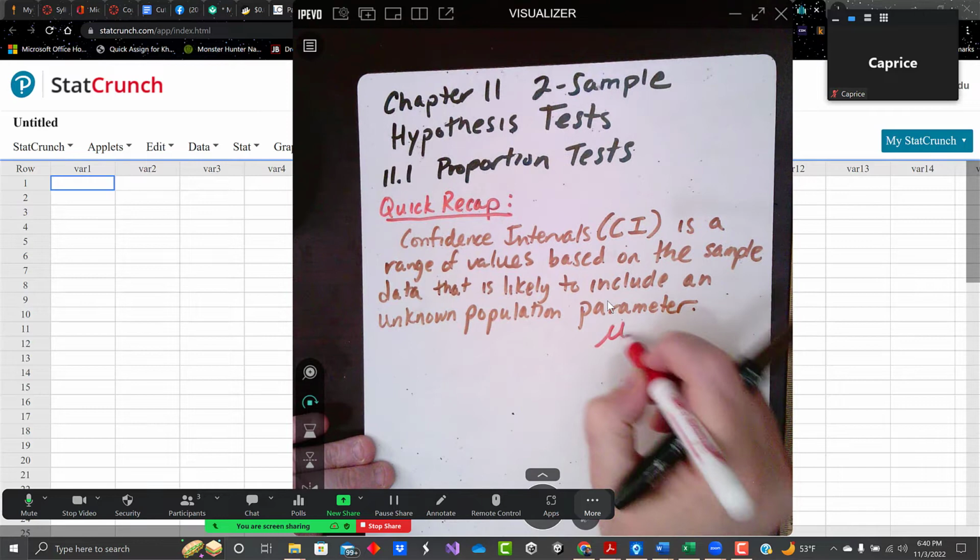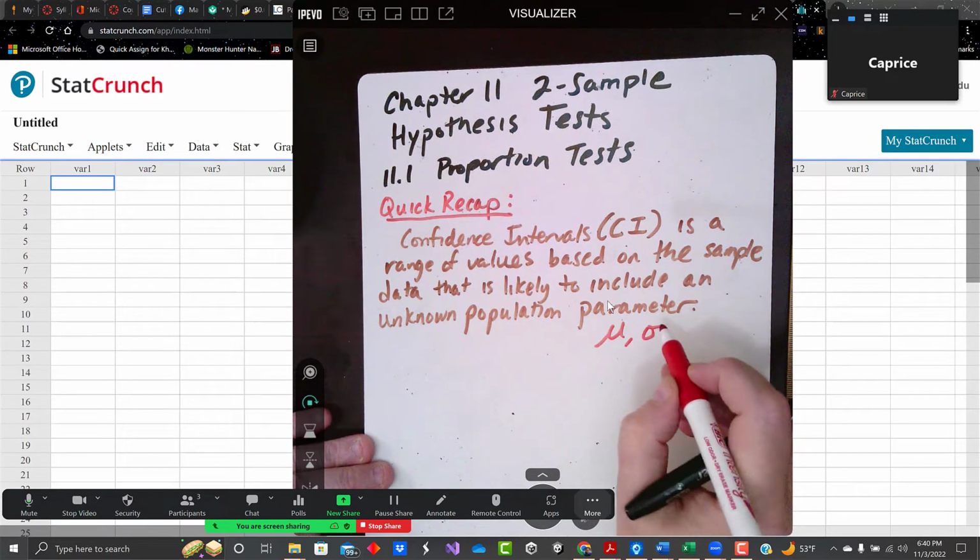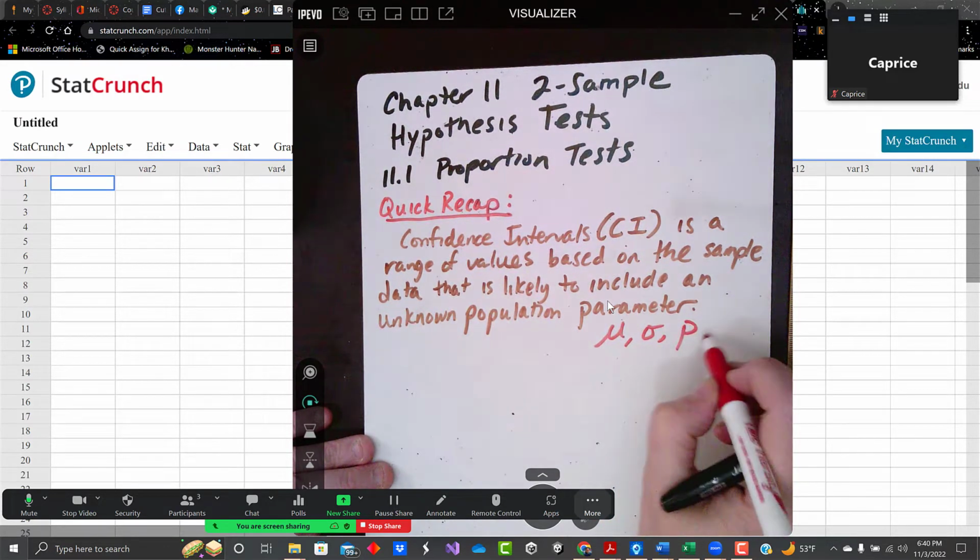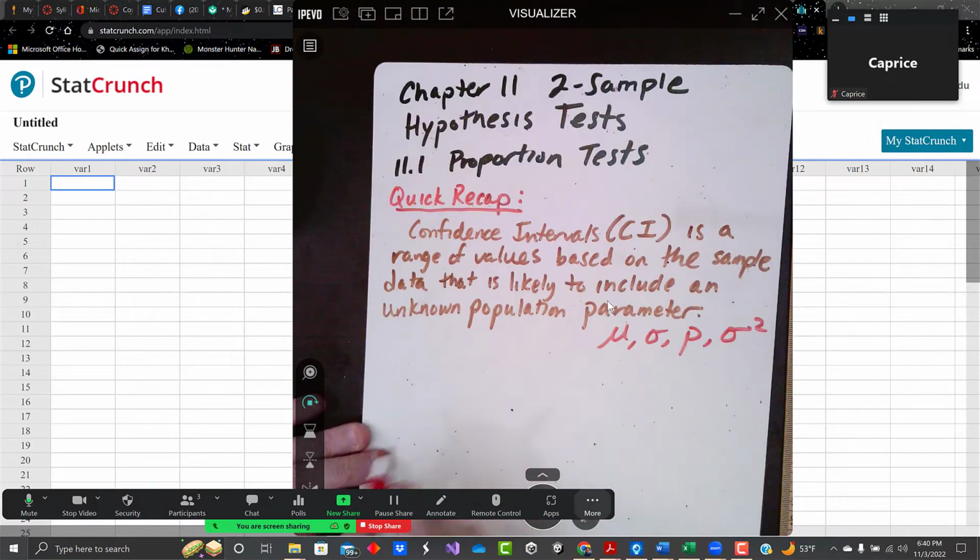Something like mu or sigma, p maybe. We could do variance, sigma squared, something like that.